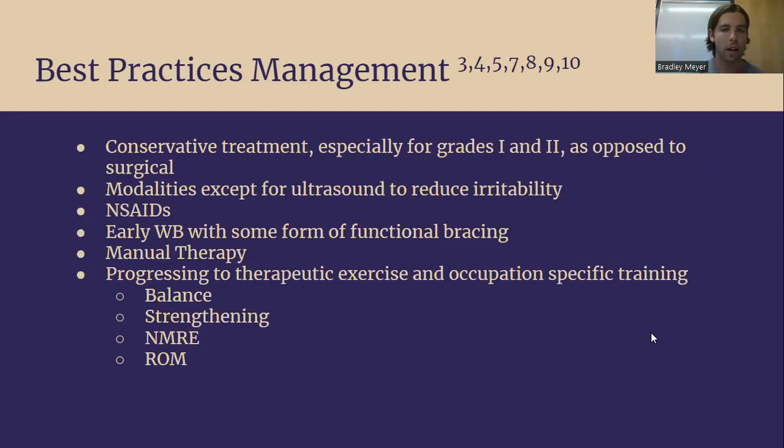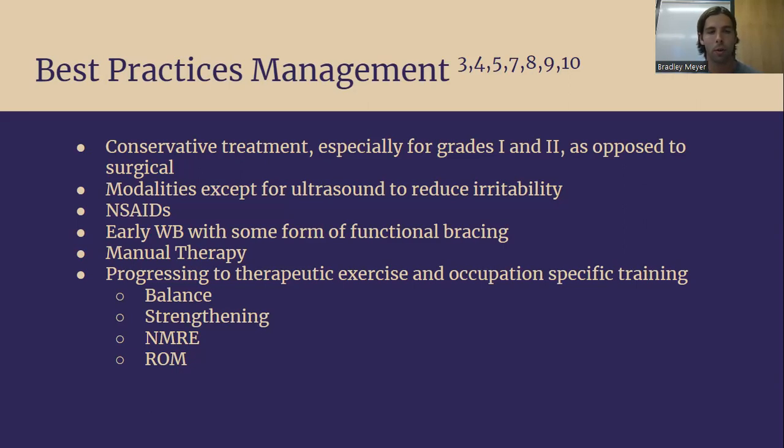So this slide is what I have gathered from all these different articles that I looked at when treating ankle strains and sprains. In general, conservative treatment is recommended as opposed to surgical, especially for grades 1 and 2. Modalities, except for ultrasound, can be used to reduce irritability.